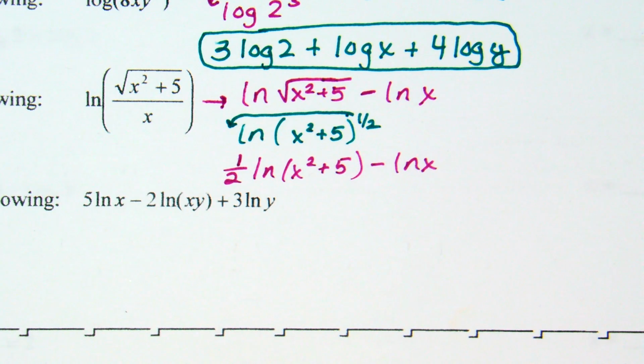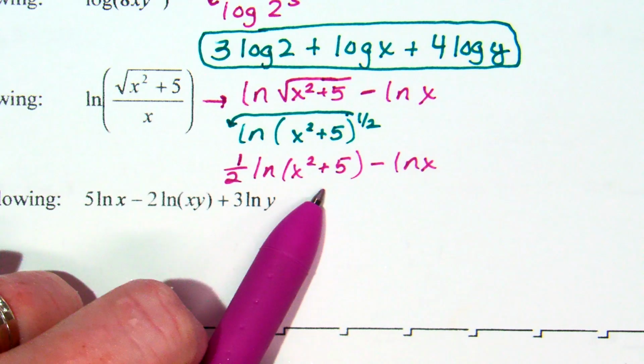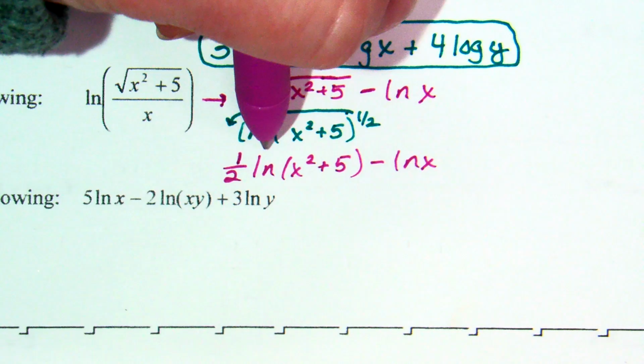So it has to be on that whole quantity. In this case, since it's just on the x squared, I can't do it. It has to be x squared plus 5, with the squared out there. We have addition inside a log. Addition stays. You can't break addition up. It's only multiplication, division that we can break up into other logs. So we are done right there.